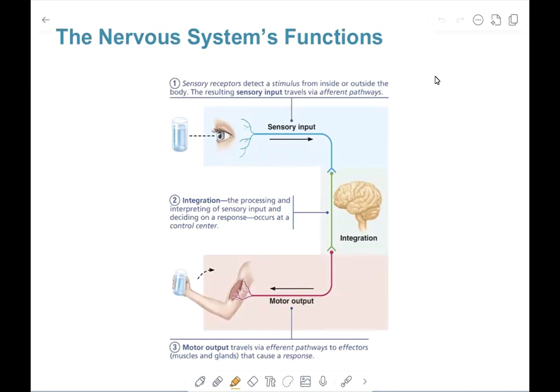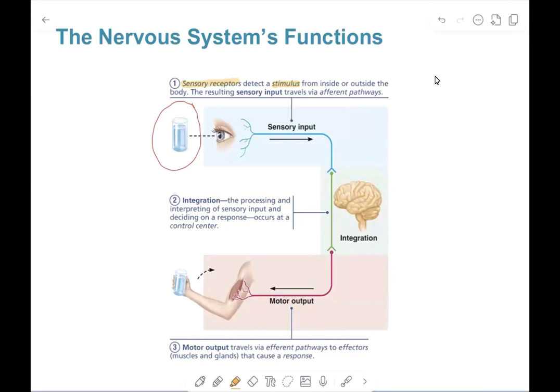So, first of all, it begins with a sensory receptor. And the sensory receptor could be simple or complex, and it detects a stimulus. In this case, the stimulus is the glass of water. So the retina is the receptor that sees the glass of water.